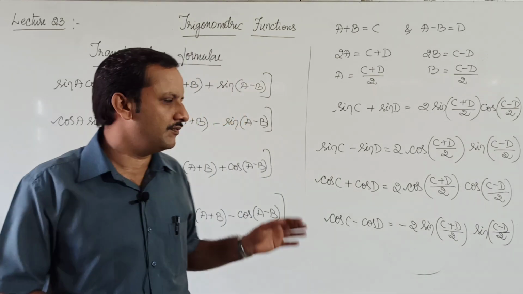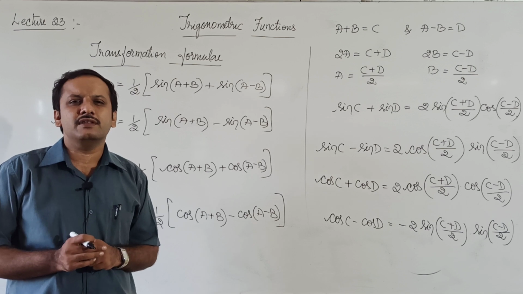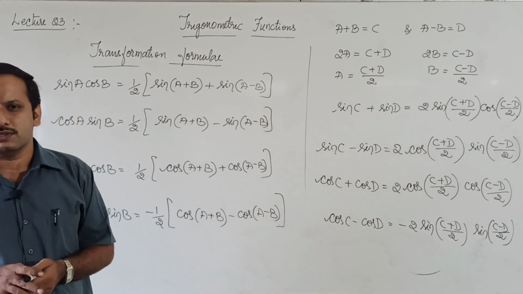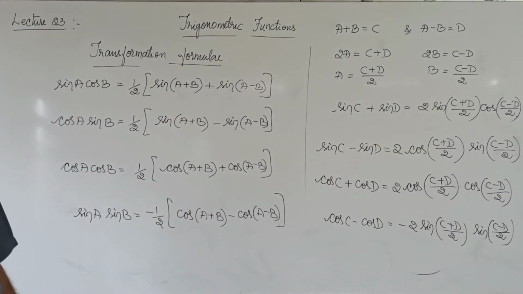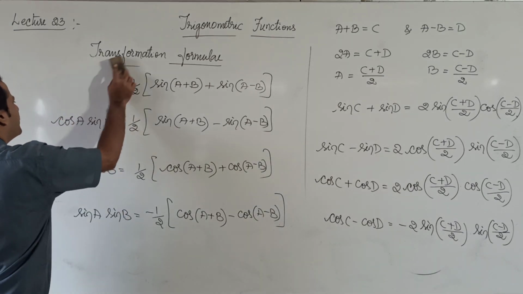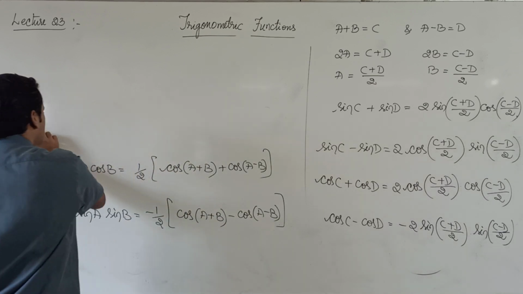So these are the 4 plus 4, 8 formulae which you need to remember. These are called the transformation formulae. Okay. So now having proved these formulae, let us make use of all this.